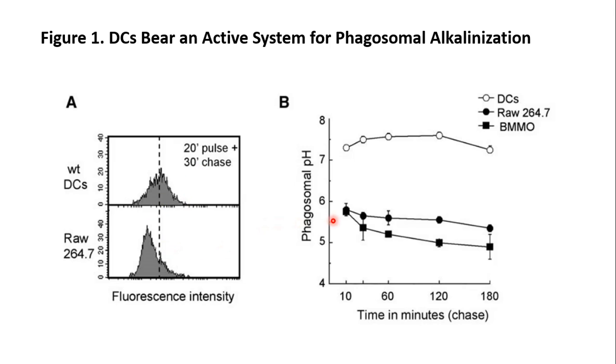And you can see in Figure 1b that, in contrast, pH in DC phagosomes is much higher, reaching around 7.5, than bone marrow derived macrophages and the RAW cell line of macrophages, which acidify very fast.